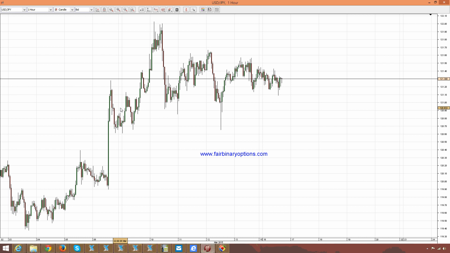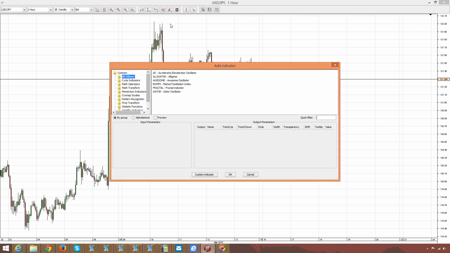Now it is time to look at the market facilitation index, and this one is quite an indicator. You should click on the indicator there, and then we go with add indicator. The very first category here, as you can see, is represented by the Bill Williams indicators.